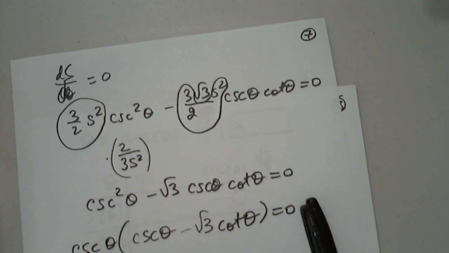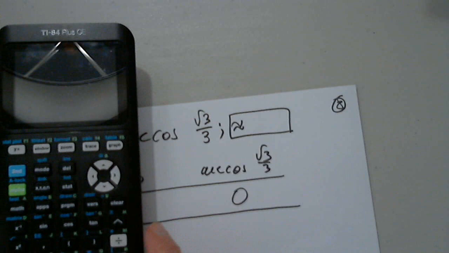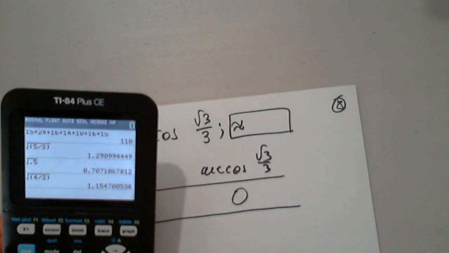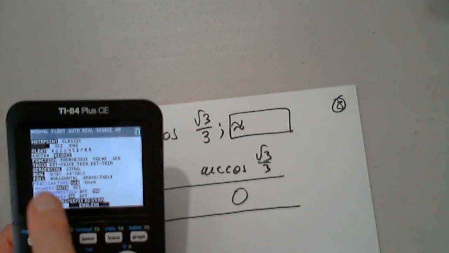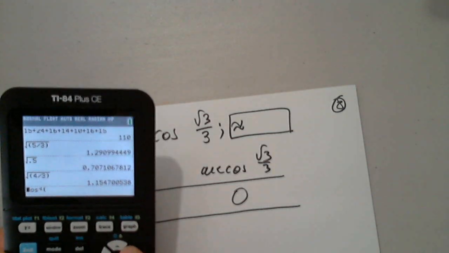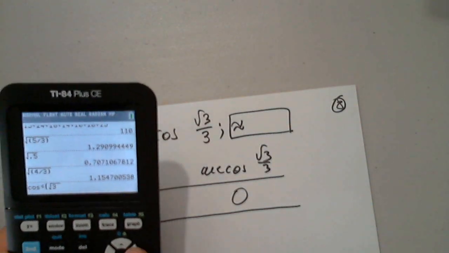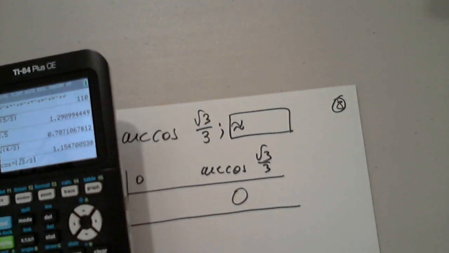Okay, so with the arc cosine, quickly I'm going to just put arc cosine. Make sure that you have it in radian mode. Okay, so cosine inverse of the square root of 3 divided by 3.